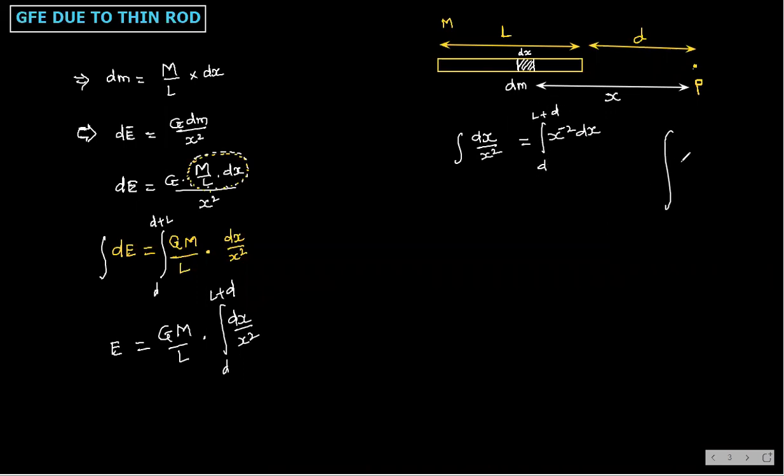You have learned the integral of x power n dx is x power n plus 1 by n plus 1. So this is x power minus 2 plus 1 divided by minus 2 plus 1, which is x power minus 1 by minus 1, and this is minus 1 by x. Clear? Understood?